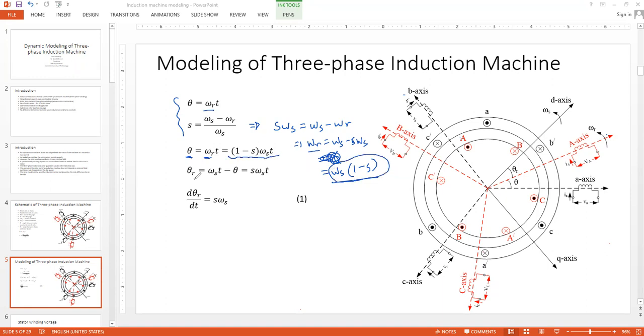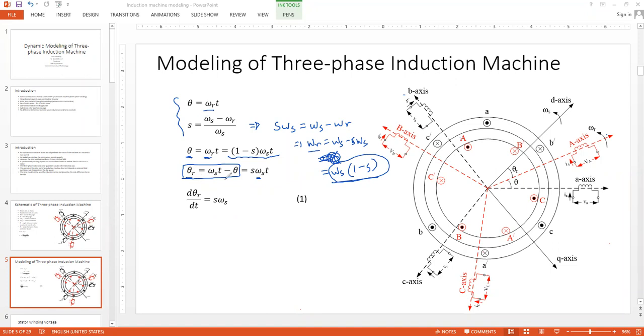So that's it. Next, again, we try to relate theta r with omega s. So what is theta r? How do you get theta r? And this first relation, how do you get it? Anyone? This is actually the same concept as we used for establishing the relationship between delta for the synchronous machine and theta m for the synchronous machine.